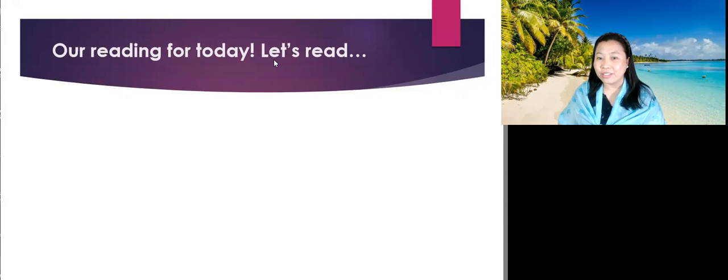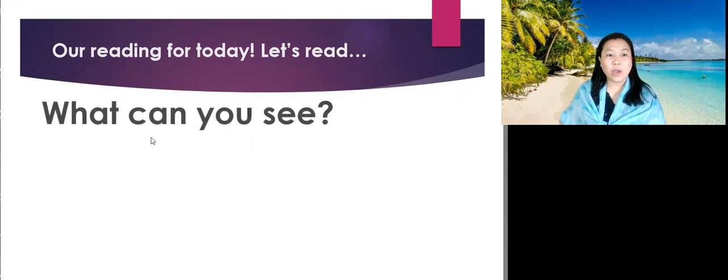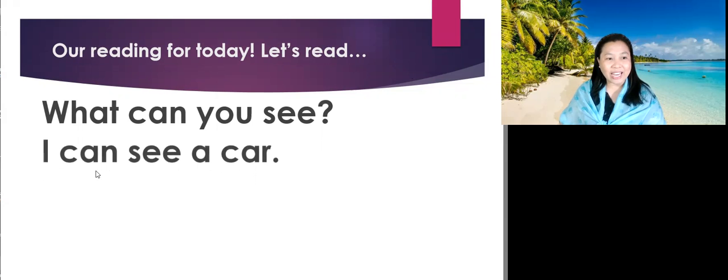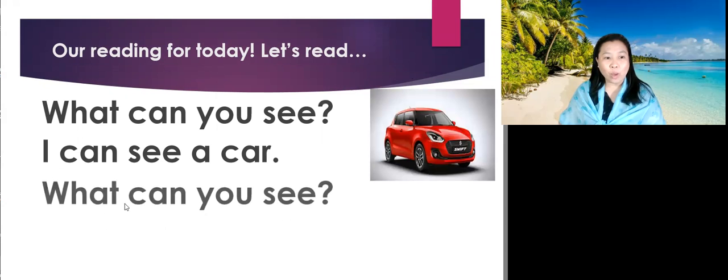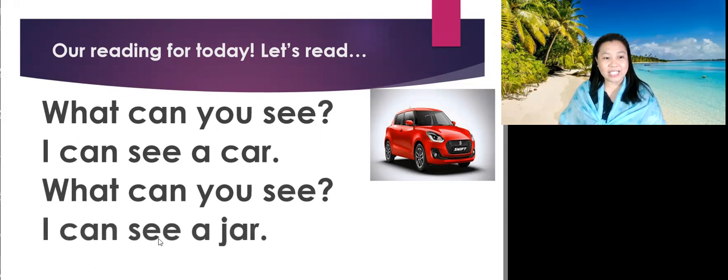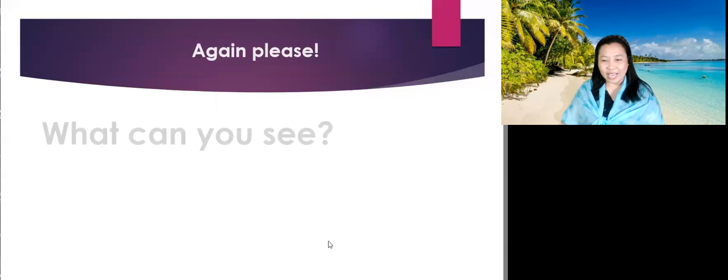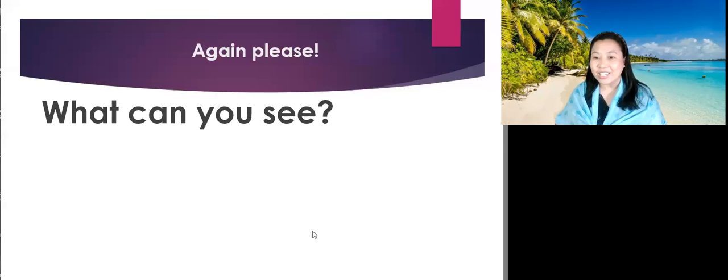Our reading for today, let's read. What can you see? I can see a car. What can you see? I can see a jar. Again, please, let's do the action.